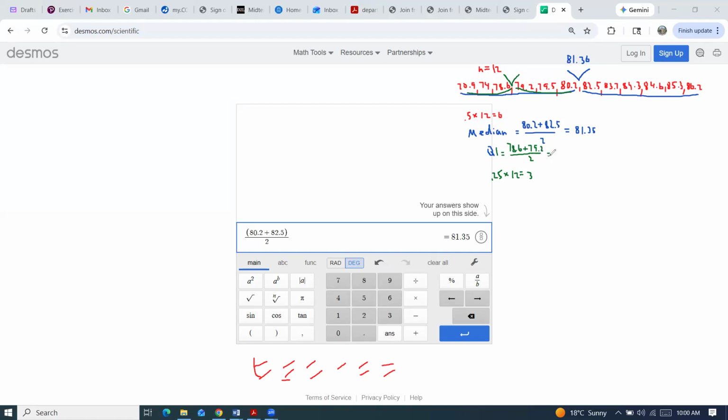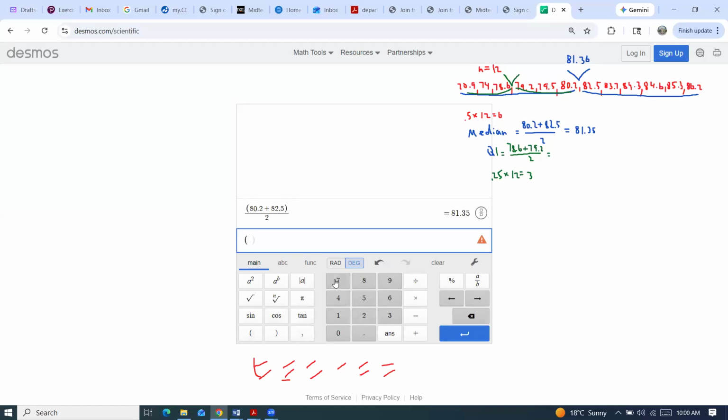So just take the calculator again. I know you can do it without a calculator, but why bother? You can use technology for that.